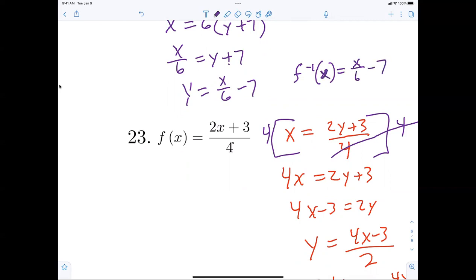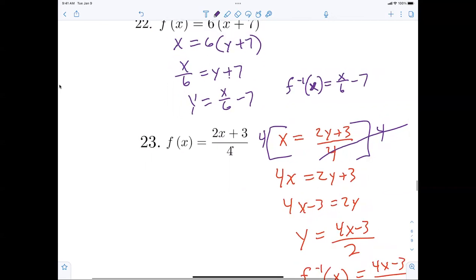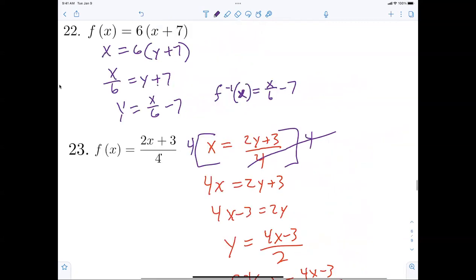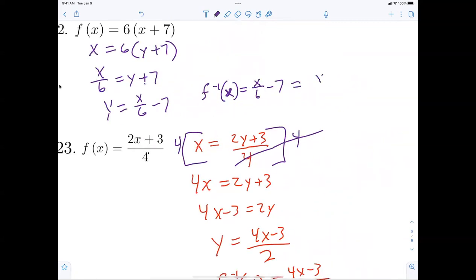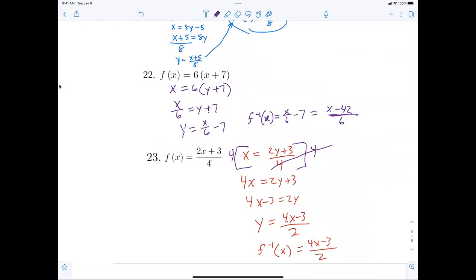Go ahead, distribute. It's the same thing, right? Then you'd have 6y plus 42, so x minus 42 over 6. Oh, yeah, it's the same thing. I'll just put that because that's what some people had. I'd like everybody to know that's the same thing. All right, I'm good with that.